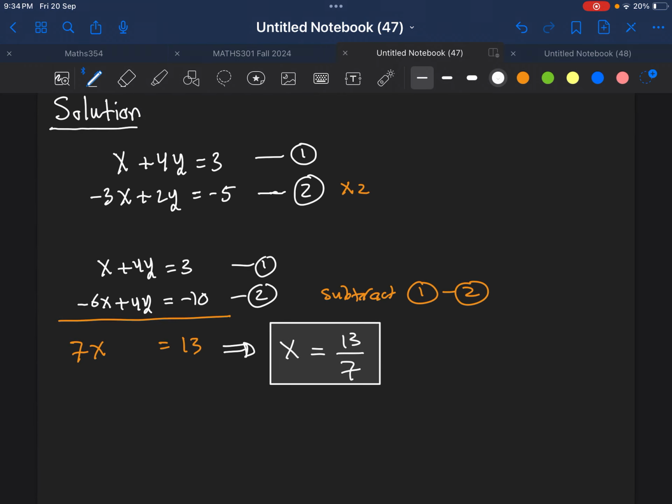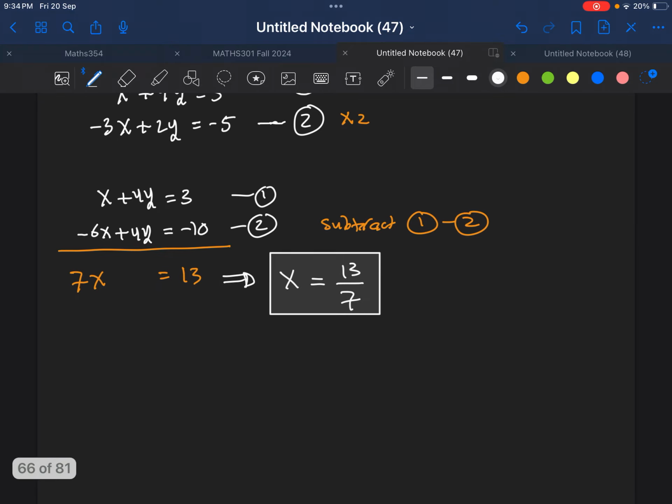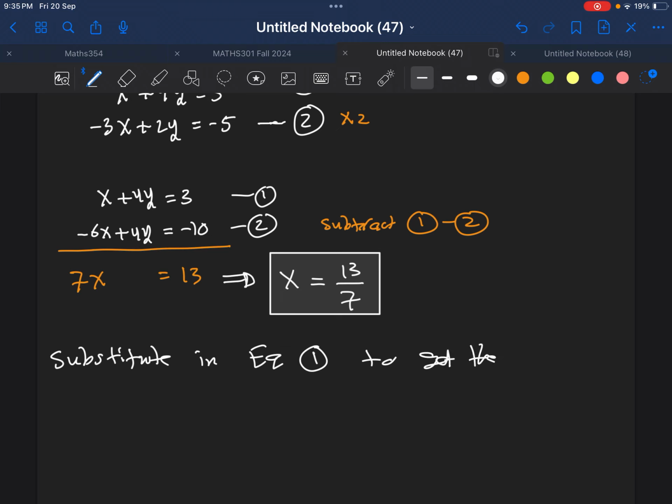Now if you know what x is, all you need to do is substitute it here to get y. So substitute in equation number 1 to get the value of y. So we will have 13 over 7, this is the value for x, plus 4y equal to 3.